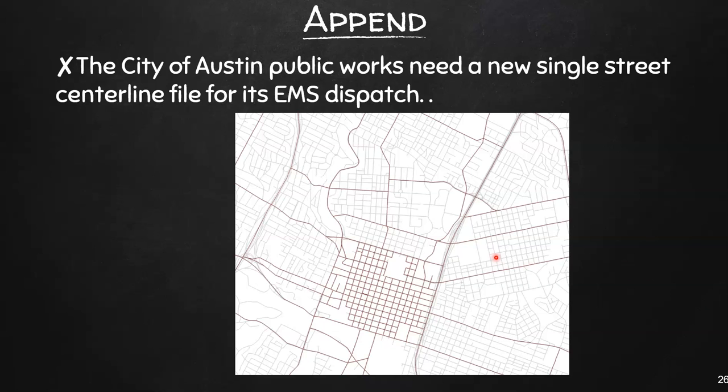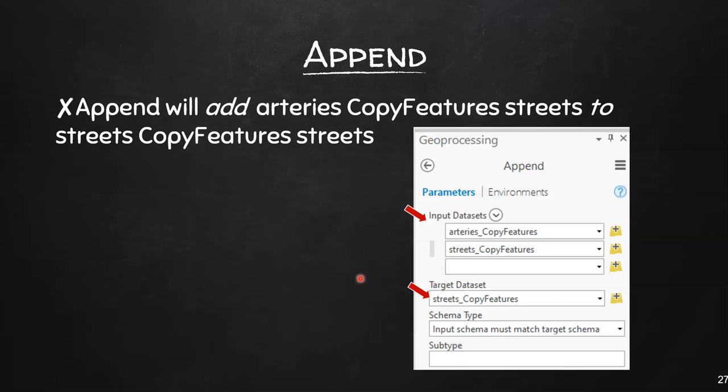You'll notice the differences. There's one, arterial streets are in the light gray, and the streets are in a darker kind of reddish color. And so the key here to notice is append is different than a merge. As a merge, append is going to append one of the layers to the other layer, where a merge just merged them and created a new data set.